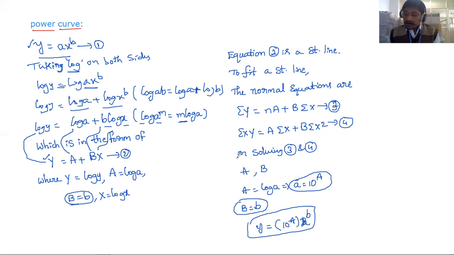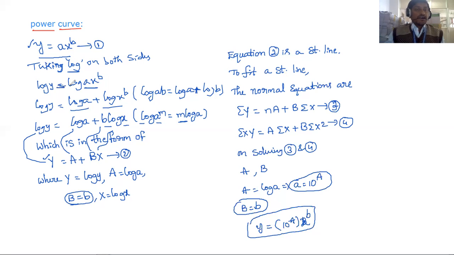So here once again we are doing the derivation for this. We are taking the power curve, y is equal to a x power b. We choose this as the power curve and take log on both sides.